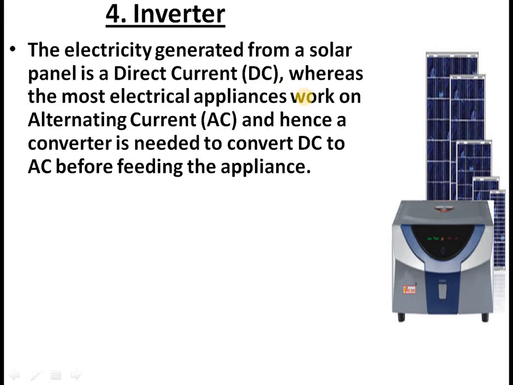So we cannot use this solar energy directly for our domestic applications. So what we have to do? We have to put them in an inverter, and inverter converts the DC voltage into AC voltage. Okay, only then we can feed into our appliances, domestic appliances. So that is done by the inverter.